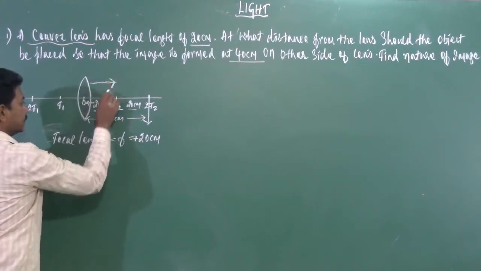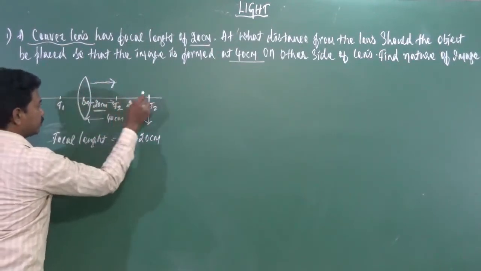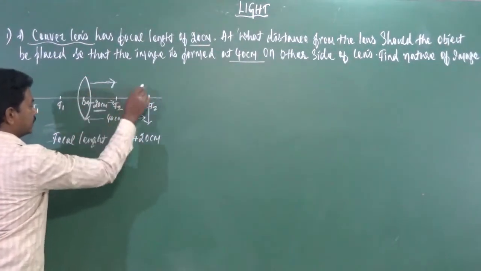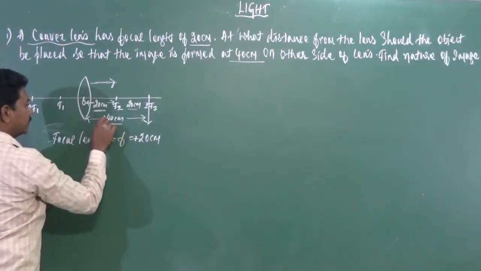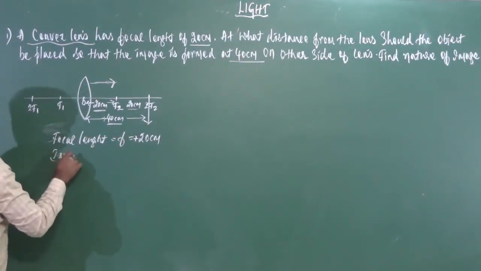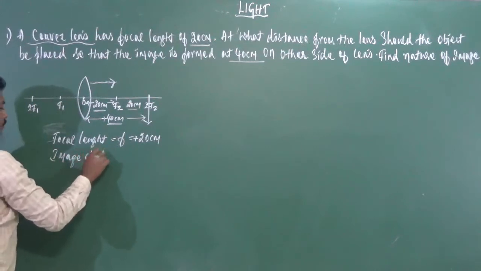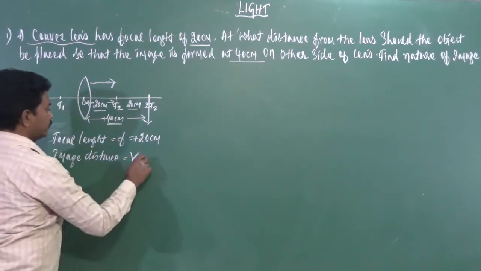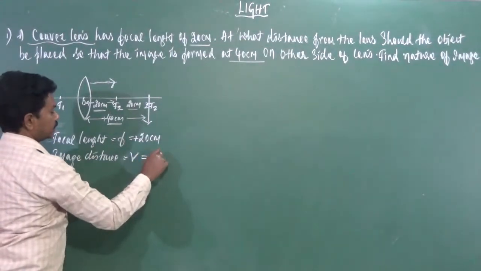As this is measured from the optic center to 2F2 along the direction of the incident light rays, this 40 centimeters will be positive. So this is the image distance. Image distance is indicated by V, which is equal to 40 centimeters.